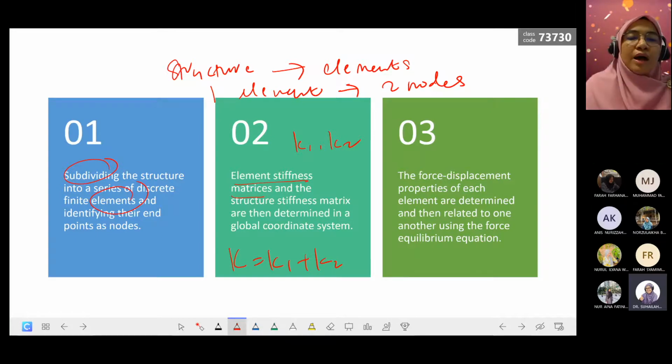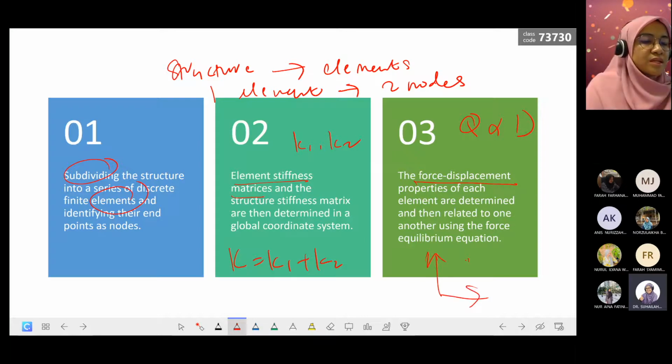Okay, so after that we will apply what we call force displacement properties. Force displacement properties is actually Q and displacement, under linear elastic, under the graph just now, under this area only.